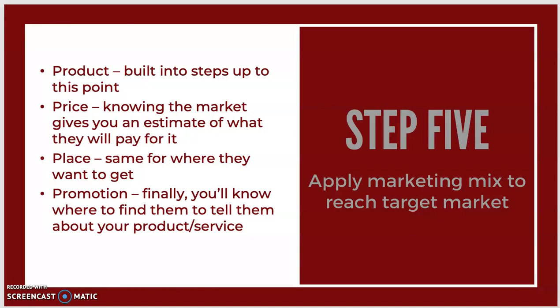So you're doing all the research ahead of time. Yes, ahead of time. And then you're putting all that into play with that information you've created to say, here's our people, here's what they want to pay, here's where they want to get it.